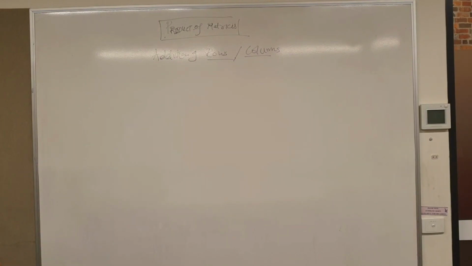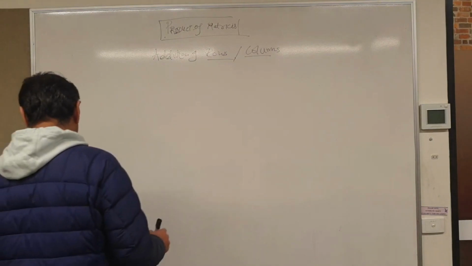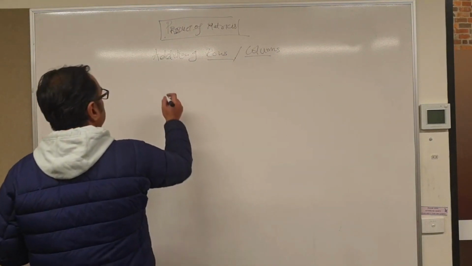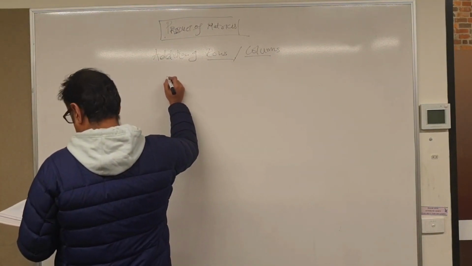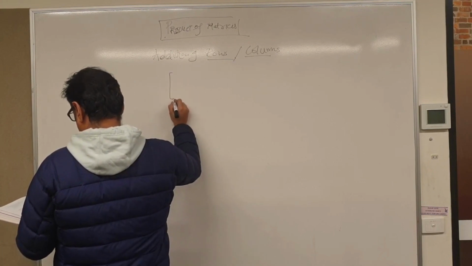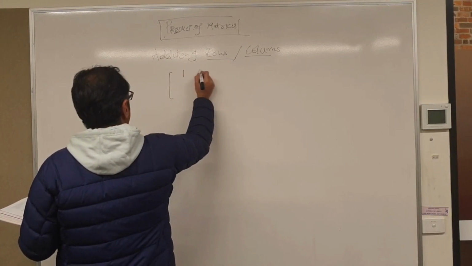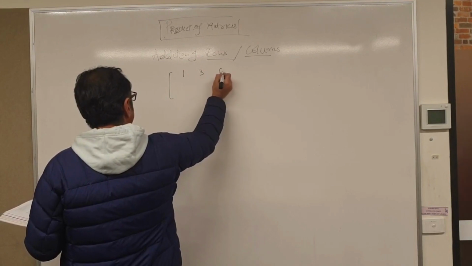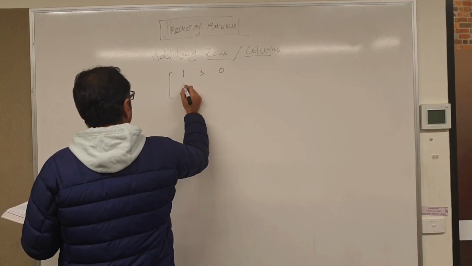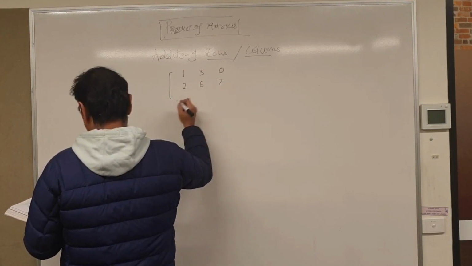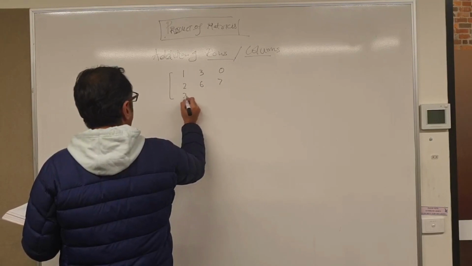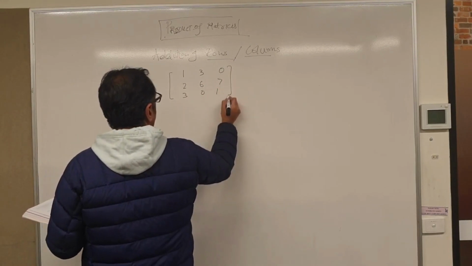Let us say I have a matrix which is 1, 3, 0, 2, 6, 7 and 3, 0, 1.